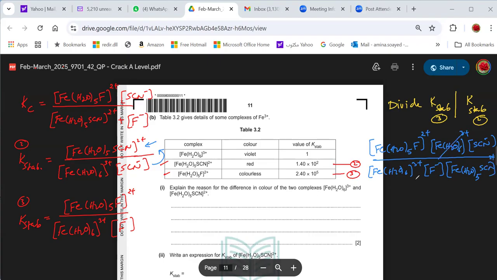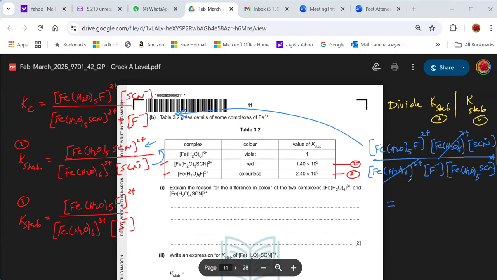And we'll see that this will cancel with that. And so we get the same equation here, which is the [Fe(H2O)5F]2+ times the thiocyanate divided by the fluoride times the [Fe(H2O)5SCN]2+.